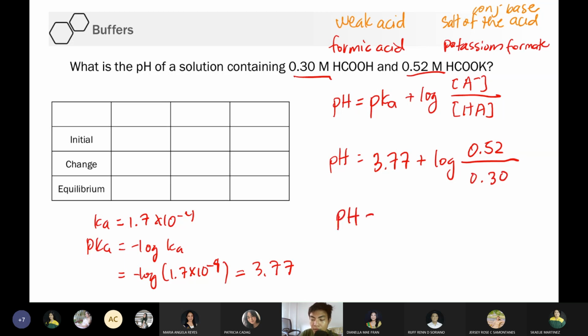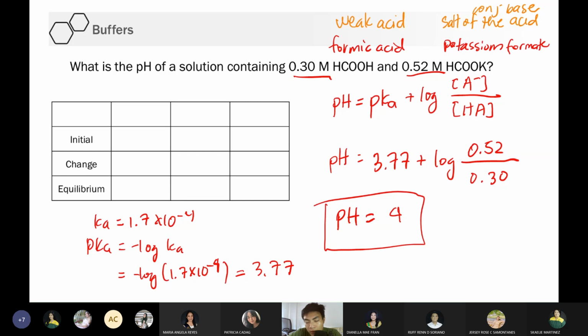So what will be the resulting pH of this solution? Pindutin nyo na lang sa calcu. The pH is 4.01. Okay? So yan.